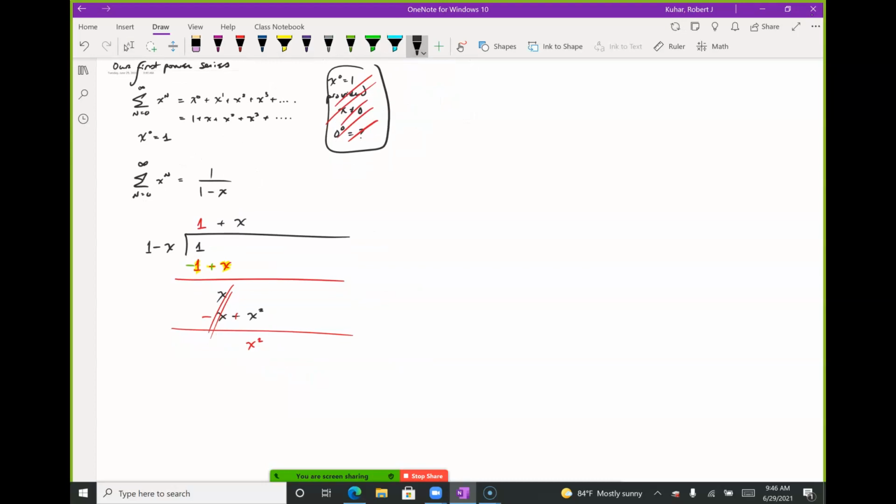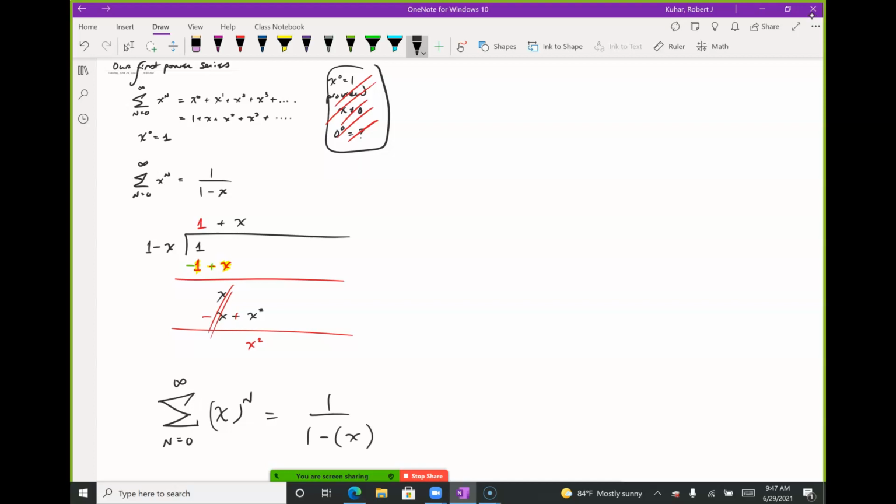So this first power series is definitely going to be on our formula sheet, right? We have the sum of n equals 0 to infinity of x to the n is 1 over 1 minus x.